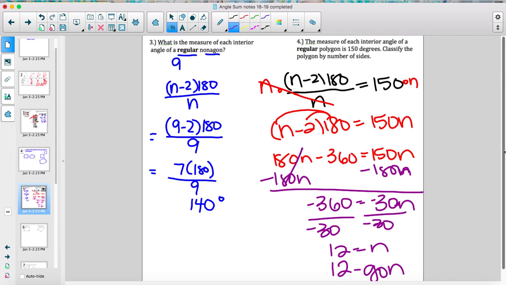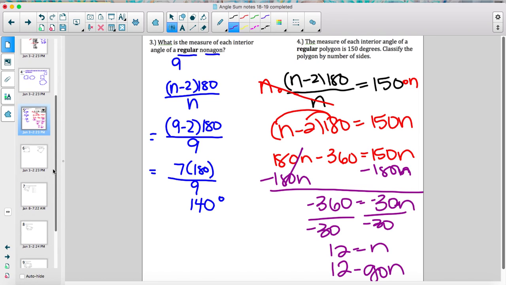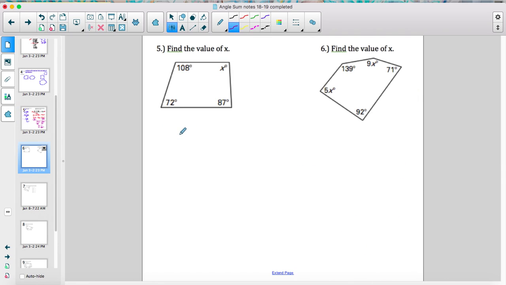All right, so let's look at other ways that we can use our two equations for the interior angles of polygons. So on example 5, it states that we need to find the value of x. What we're going to notice here is that we have a 4-sided shape. Using our n minus 2 times 180 rule for the interior value of the angles on a quadrilateral, we can plug in 4 for the value of n.